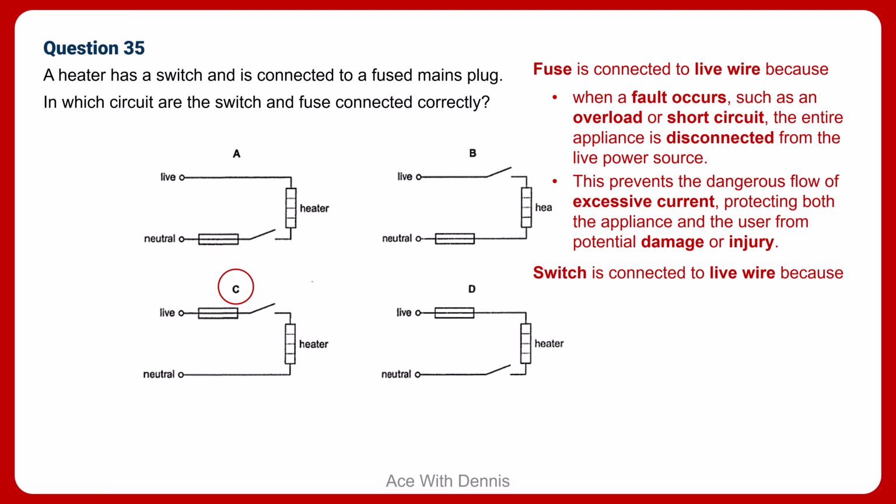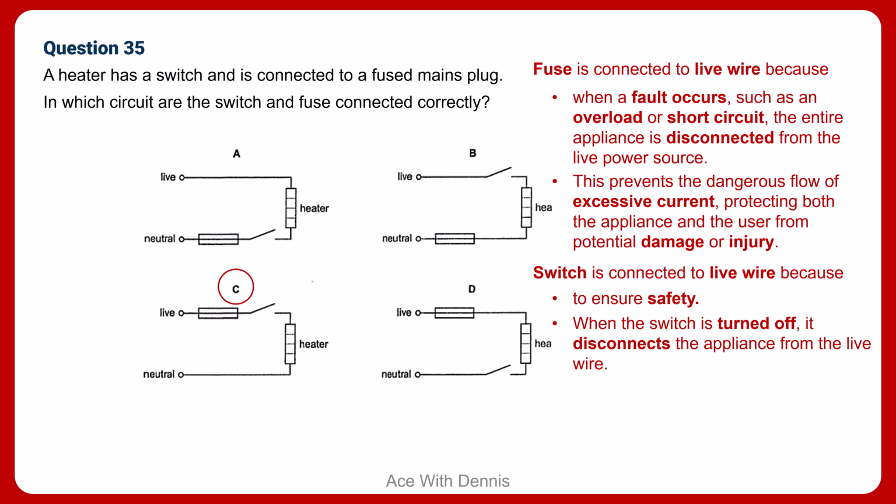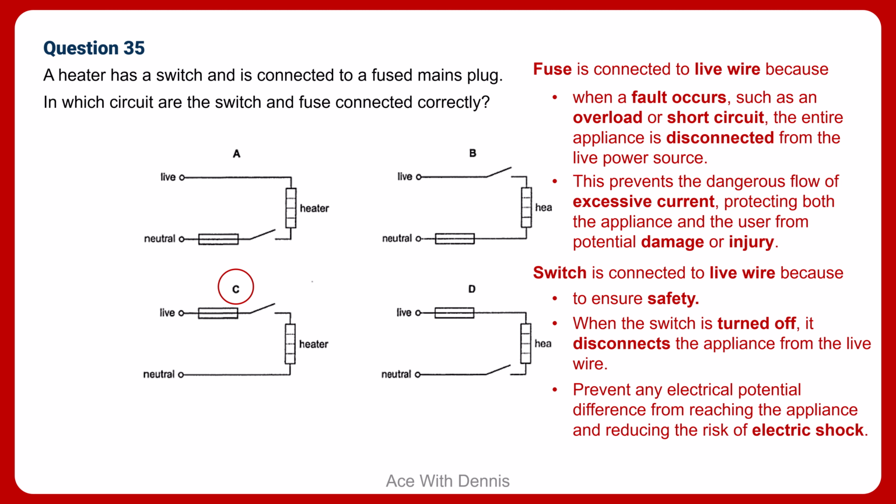On the other hand, the switch is connected to the live wire because this is to ensure safety. When the switch is turned off, it disconnects the appliance from the live wire. This can prevent any electrical potential difference from reaching the appliance and reduces the risk of electric shock.